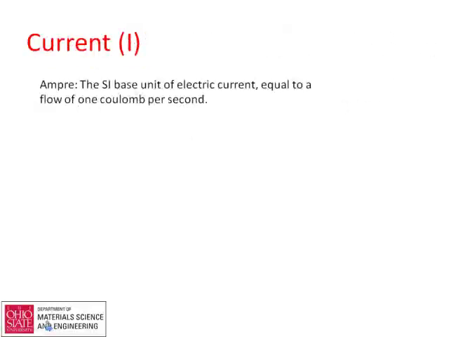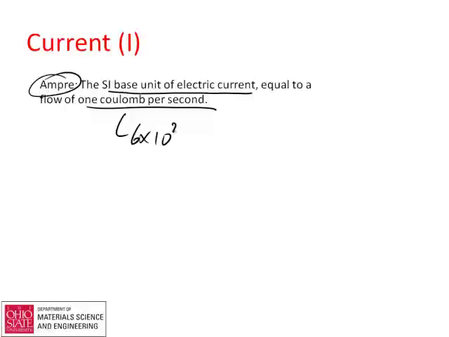Current, I, is basically how fast the electrons flow. The SI base unit for electrical current is the ampere, or amp, as I usually call it, and is equal to the flow of 1 coulomb of charge per second. This is 6 times 10^23 electrons per second.